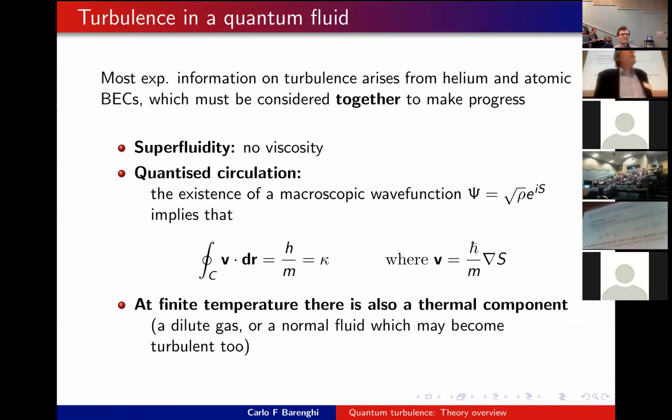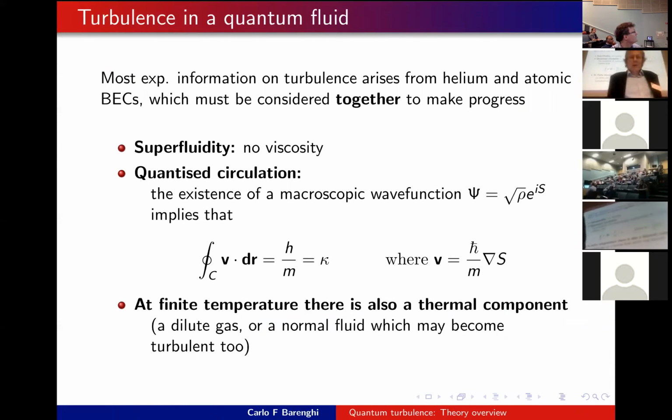The second property is more crucial, the quantization of the circulation. This is a consequence of the existence of a macroscopic wave function, psi. You see it written there with the amplitude related to the density of the fluid and the phase, which is related to the velocity field. So the circulation is quantized.